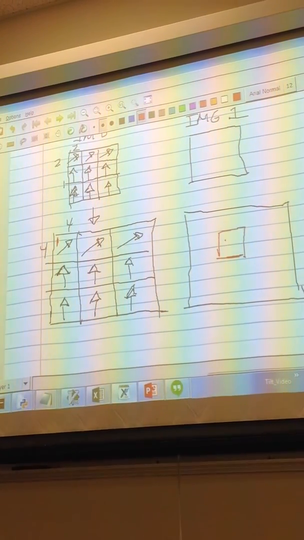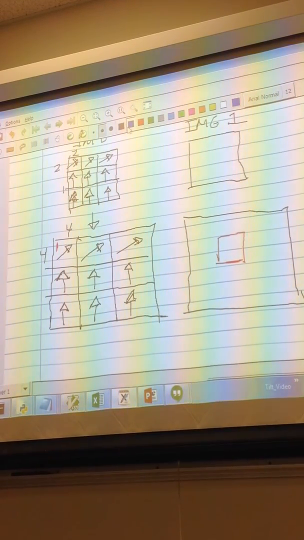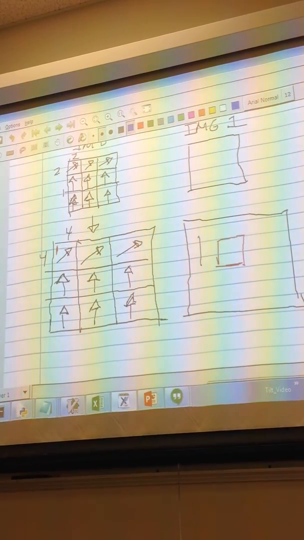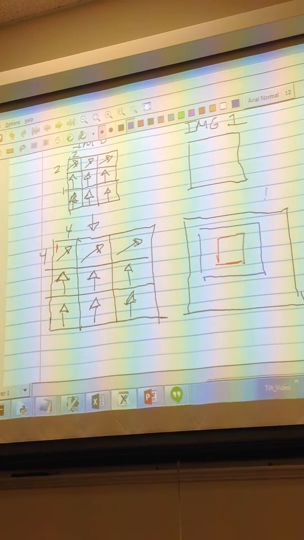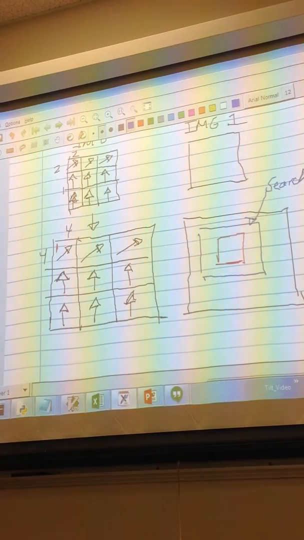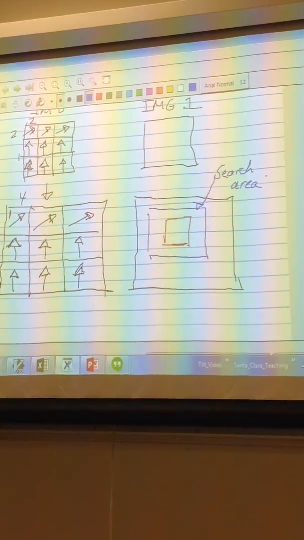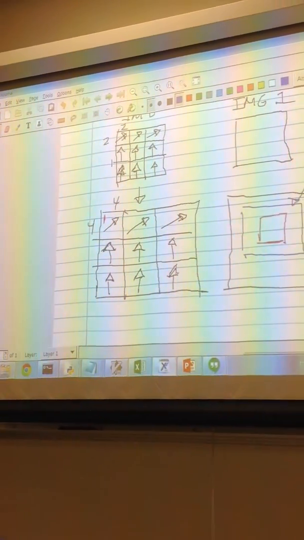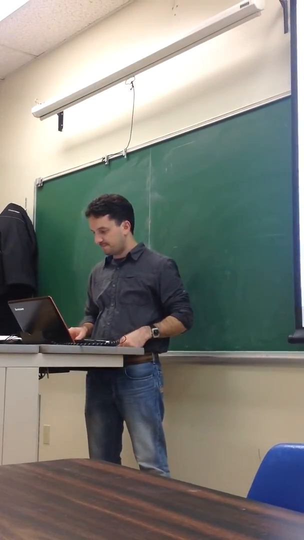So once the block ends up here, I need to form a search area over here. So this will be the search area. And then you're going to search over there to find the better matching block, hopefully.